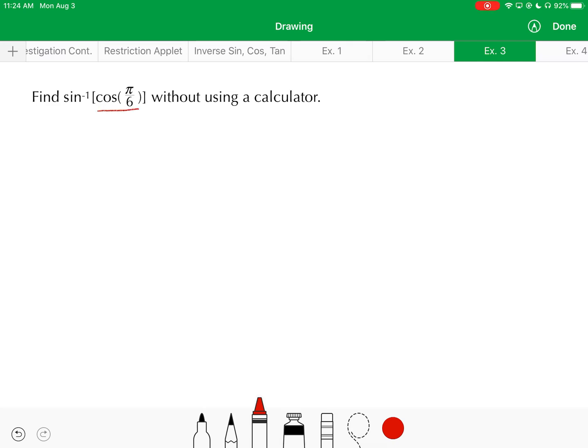So start with that inner function, cosine of pi over 6 is radical 3 over 2. We saw that in the previous couple problems already. So now I evaluate the outer function inverse sine with it. Inverse sine can yield angles in quadrant 1 or, I'm sorry, 1 or 4 by its range restriction.